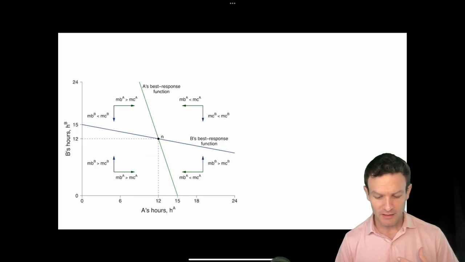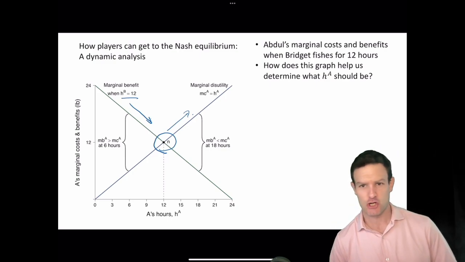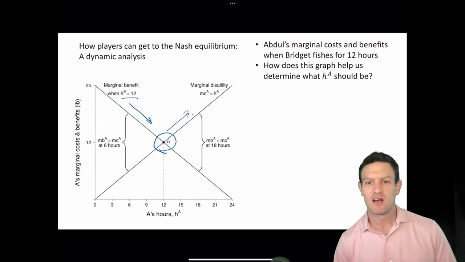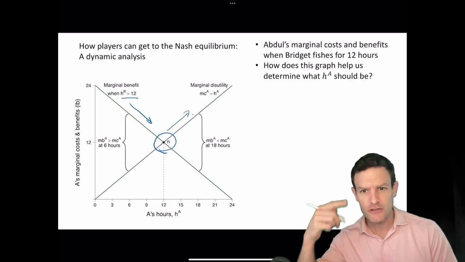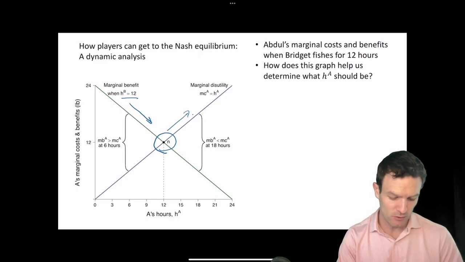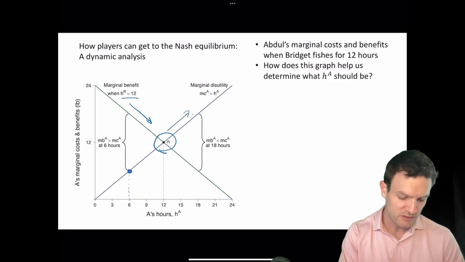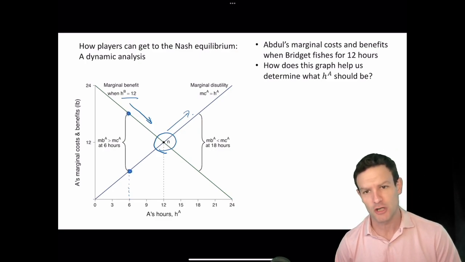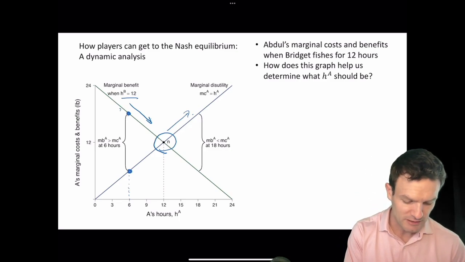So this graph is helping us determine what HA should be, because if for some reason Abdul started away from fishing 12 hours, what is the calculation that he would be going through? If he started at fishing 6 hours, we'd have 2 points on his marginal benefit and marginal cost curves. I'm just going to label them points G and H here.